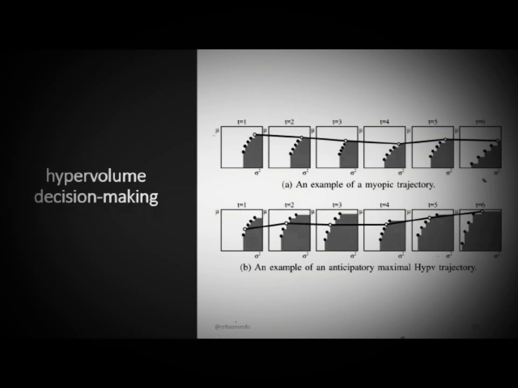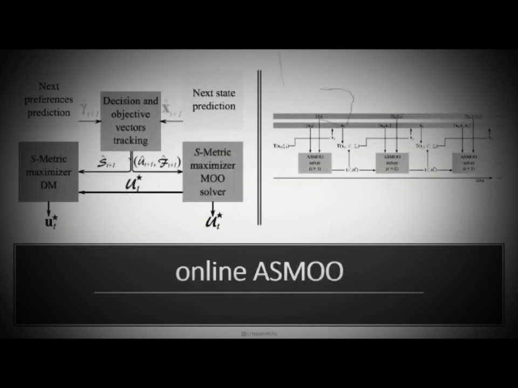Okay, so here is the reasoning on how hypervolume decision making over time is justifiable. In order to implement this concept, we've come up with some models. I call them online anticipatory stochastic multi-objective optimization models. I'm not getting into too much detail here, but basically we have a solver, which is a metaheuristic that implements some predictive Bayesian models internally to predict its own future state and to track future sets of Pareto optimal solutions.